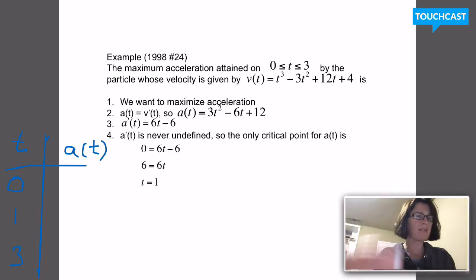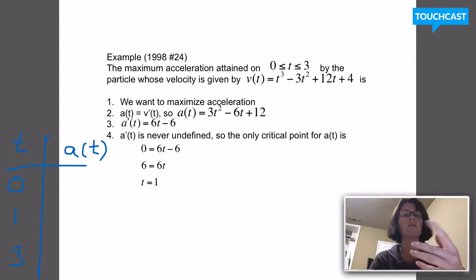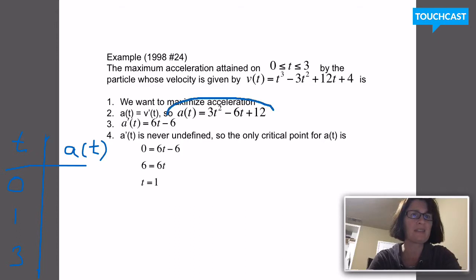These places in this t-chart are the only places I have to look. I'm guaranteed that my maximum is the result of plugging in one of these 3 values. So I'm going to plug in 0 for time. Remember, I'm maximizing acceleration, so I'm going to plug into my acceleration function. I'll fill in my table.